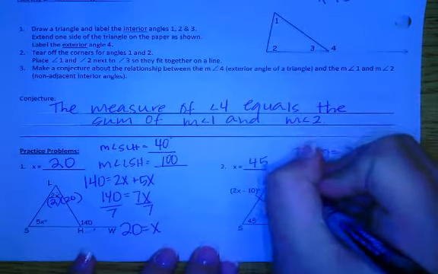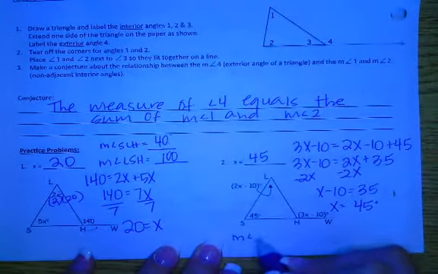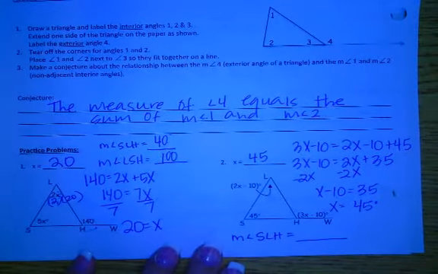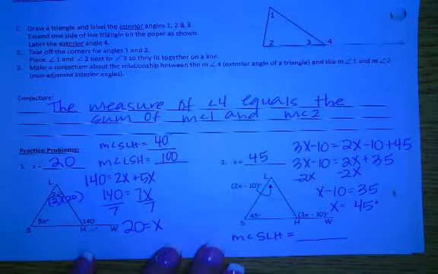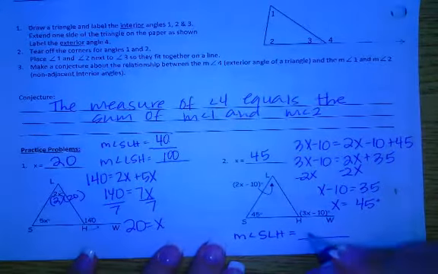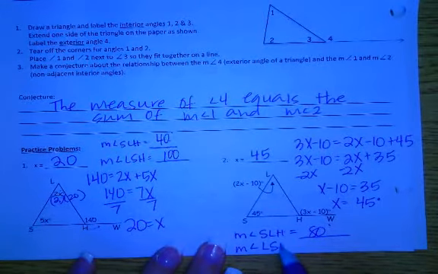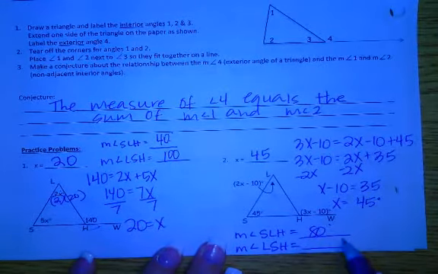Okay, what does the measure of angle SLH equal? 80. Okay, what about the measure of LSH? 45.